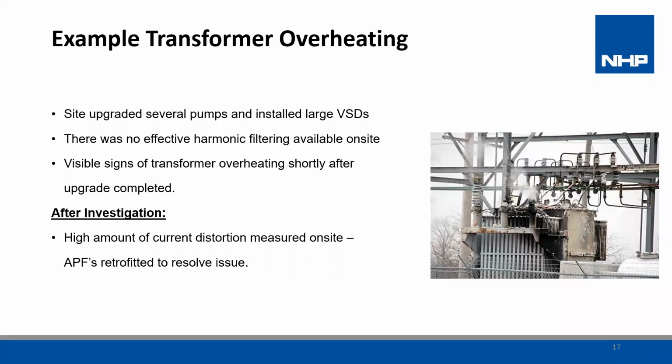So once the power quality analysis confirmed the issues of harmonics, we were able to implement our active harmonic filtering, our active power filter, APFs, to resolve the issue. So this is one of many cases where harmonic distortion within an electrical system can have profound consequences. So it must be kept in mind.